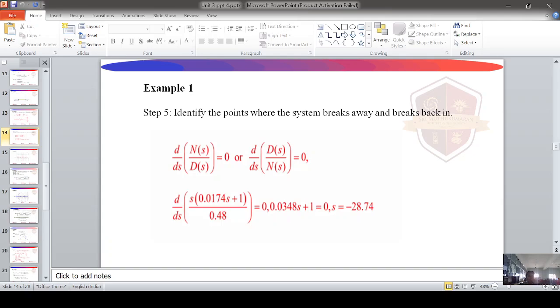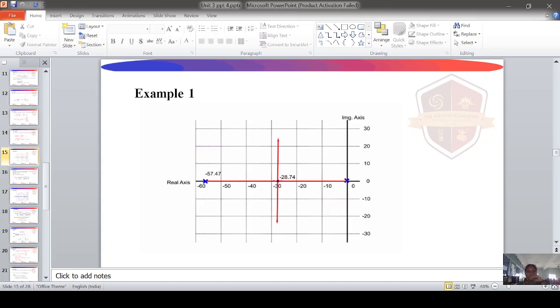We take the characteristic equation from the transfer function and differentiate it with respect to s. Then we find the roots of this characteristic equation. Here s is equal to minus 28.74.